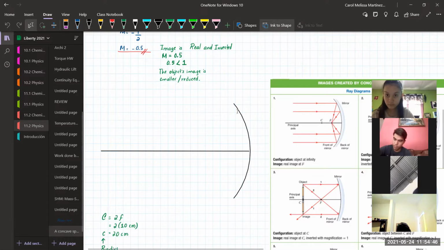with the compass. The thing is that you need to draw a circle which has a radius of 20 centimeters.